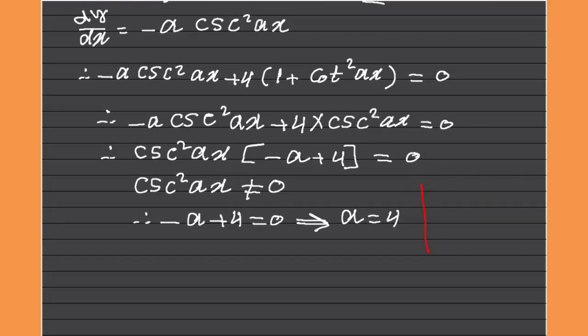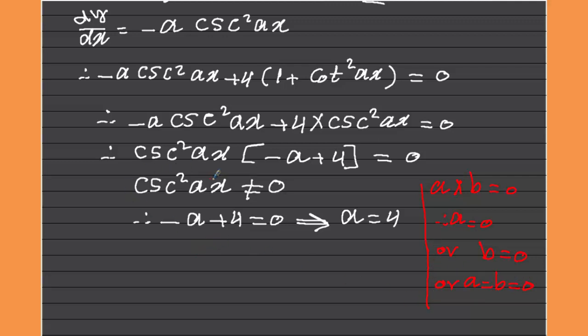Remember that if you have two quantities a multiply b equals 0, then a equals 0 or b equals 0.